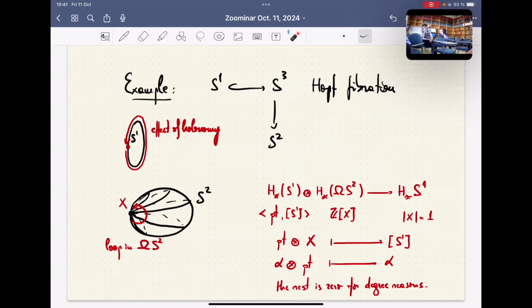So I've drawn here in the picture a family of base loops. The base point is here, the very bright point. And each such loop, if I apply it to a fixed point in the fiber, will give me some point in the fiber.